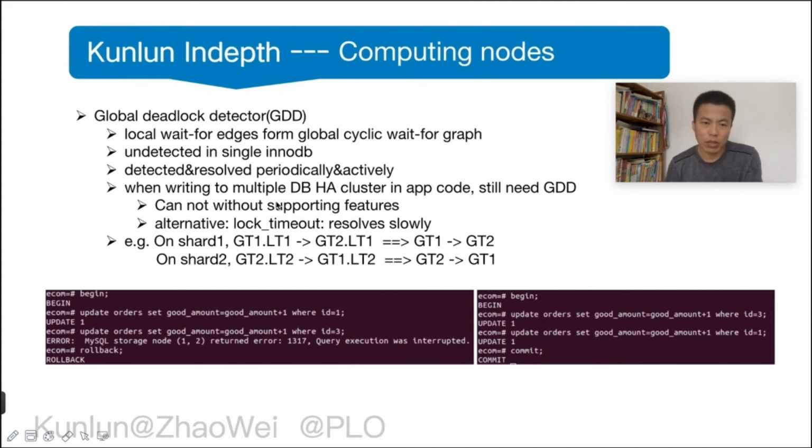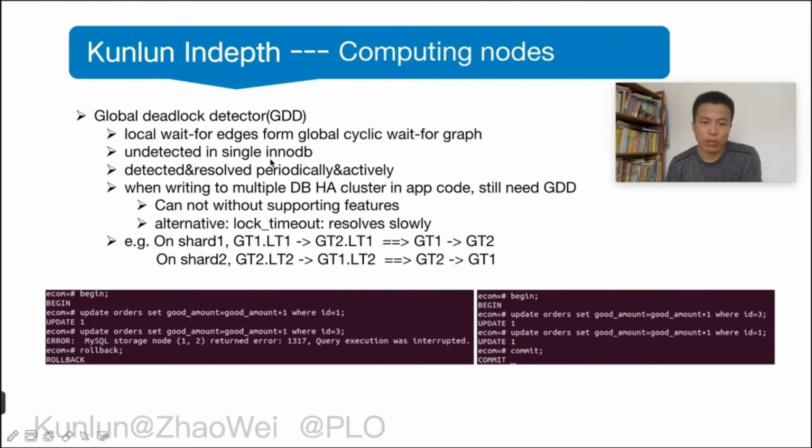Next, let's see the global deadlock detector. Why can a global deadlock happen? It's because local wait-for edges form a global cyclic wait-for graph. The local wait-for edges aren't a cycle by themselves, so it cannot be detected in a single storage instance.